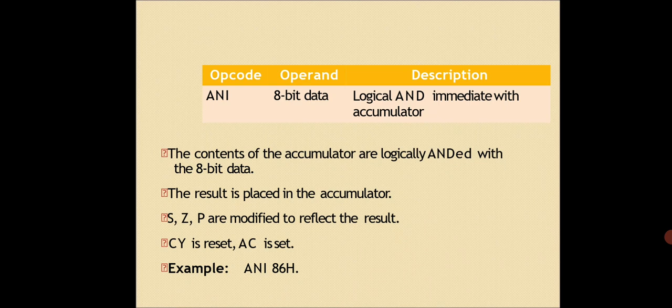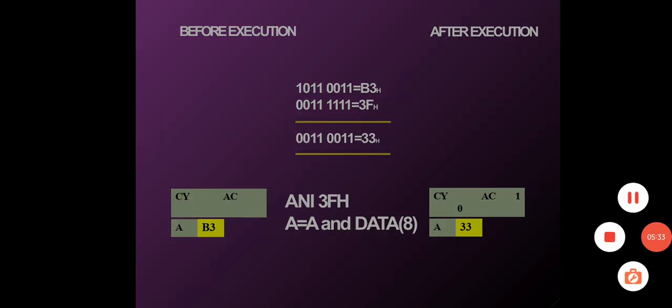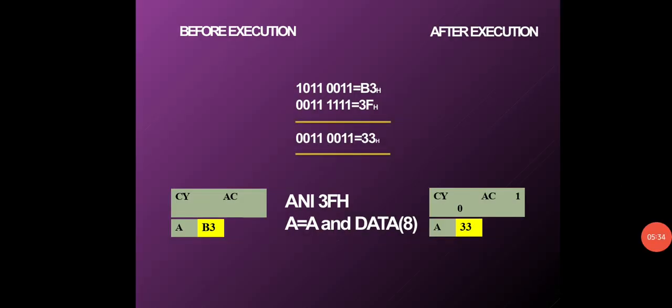You can see the example ANI 86H. In this example there are two values given in hexadecimal. Before execution the first value is B3 and the second value is 3F. After execution it gets into 33H.